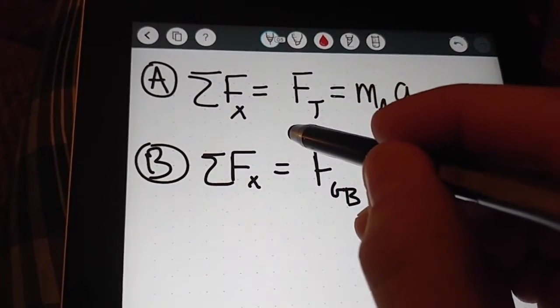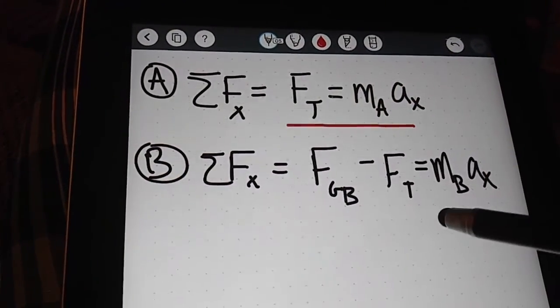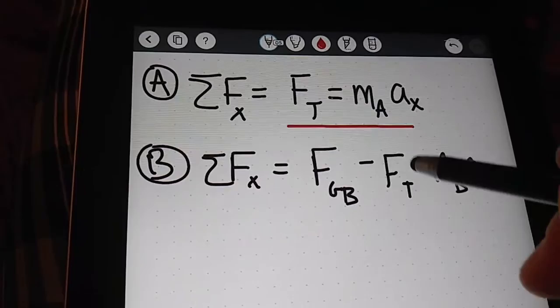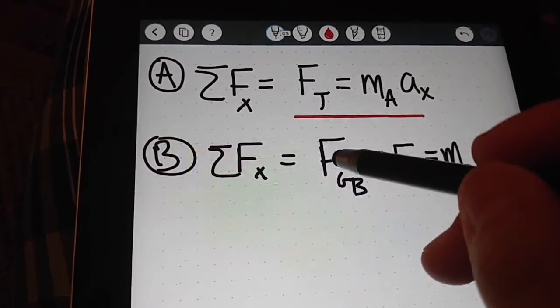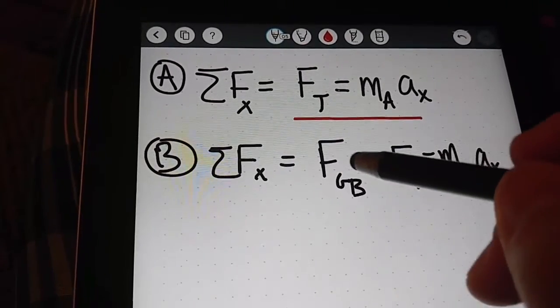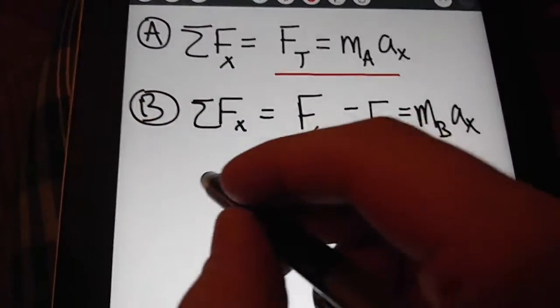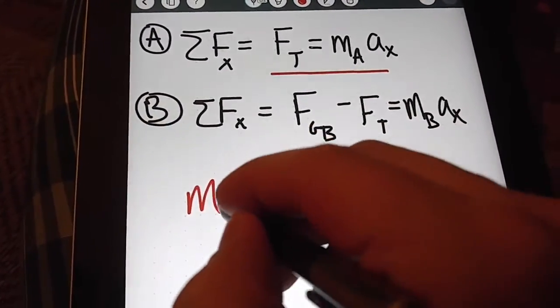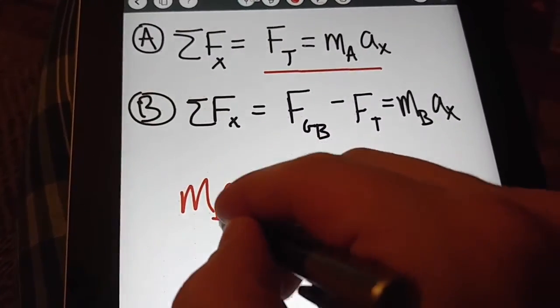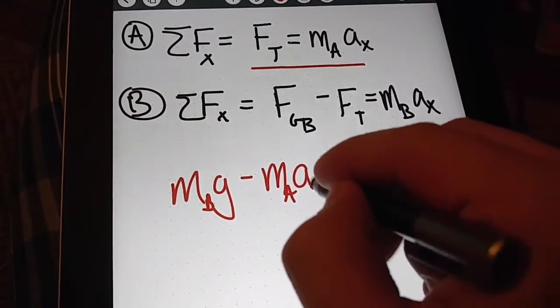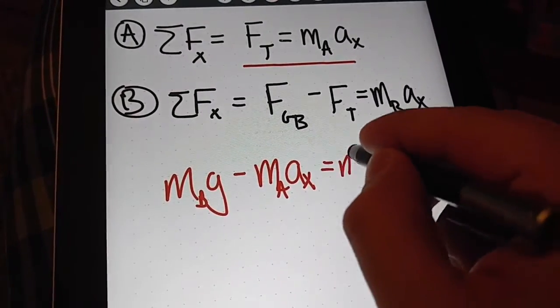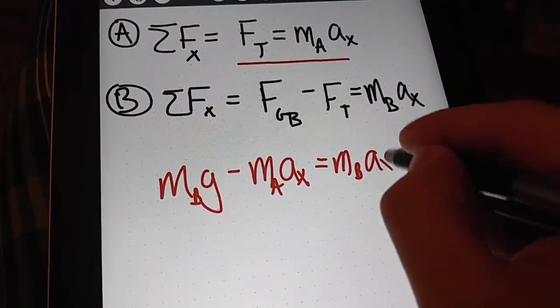I can make, for this problem, a direct substitution of the force of tension in for this force of tension in this equation. I'm also going to write the gravitational force on block B as the mass times the gravity. That's the weight of block B. So the gravitational force is mb times g minus, now that substitution, ma times ax equals mb times ax.